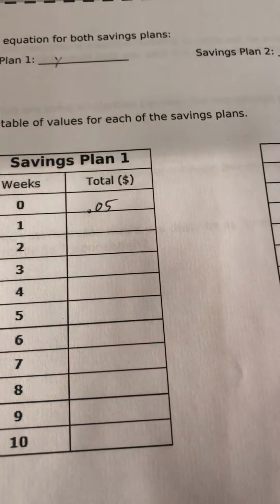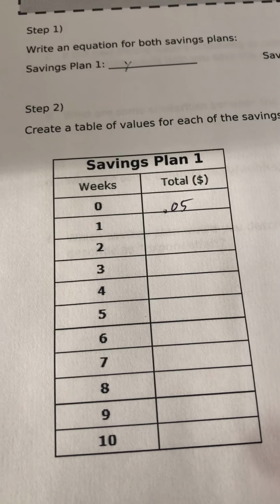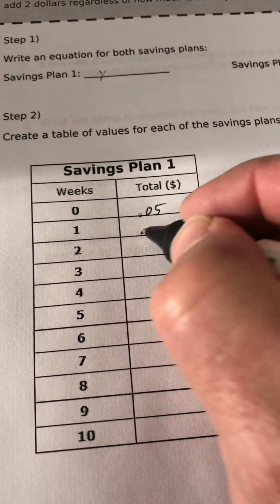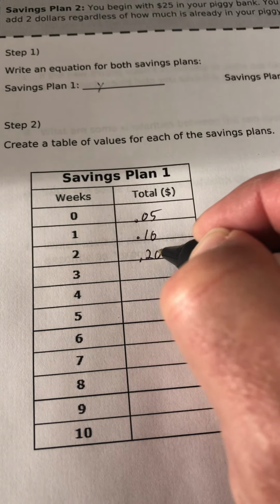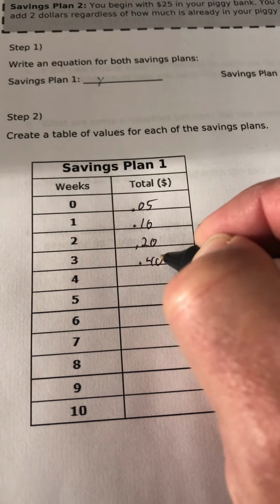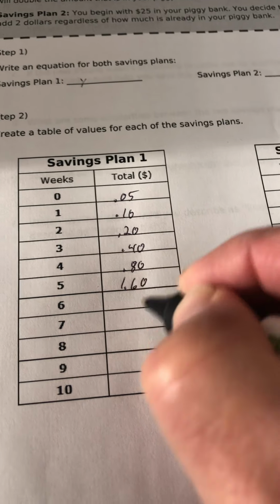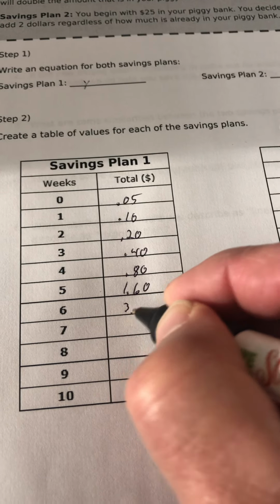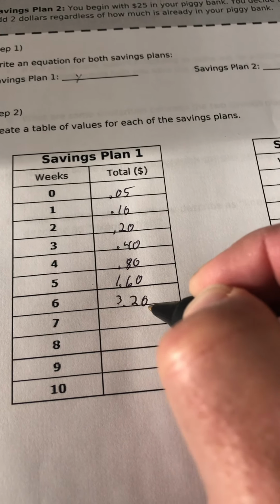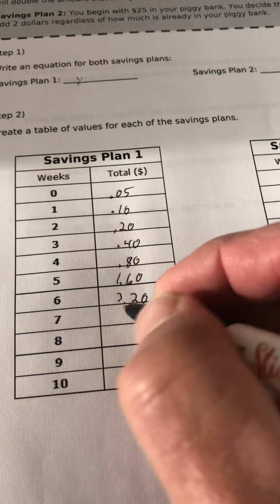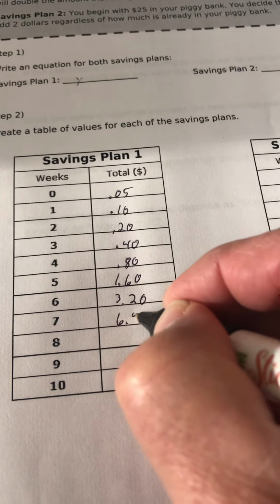You start with the nickel, and then we're just going to double it. Just keep on doubling all the way down to the 10th week. We're dealing with weeks here.